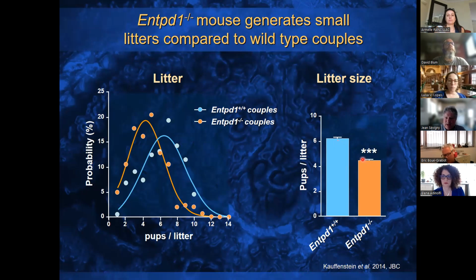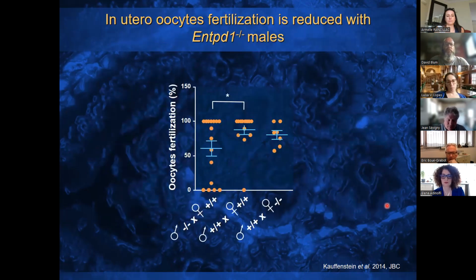And the real effect is much lower than this, because this doesn't account for all the litters where it didn't work at all. I will show just a couple of data to make a very long story short.